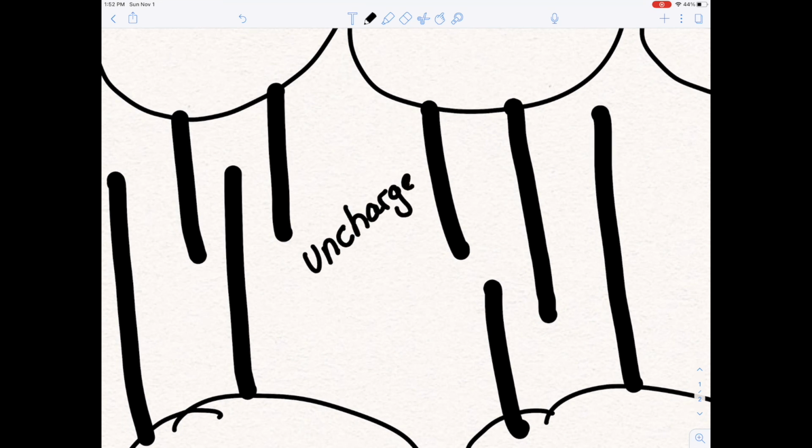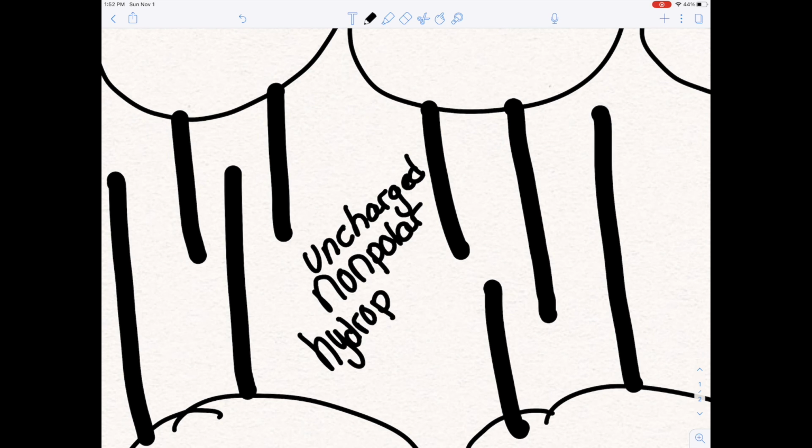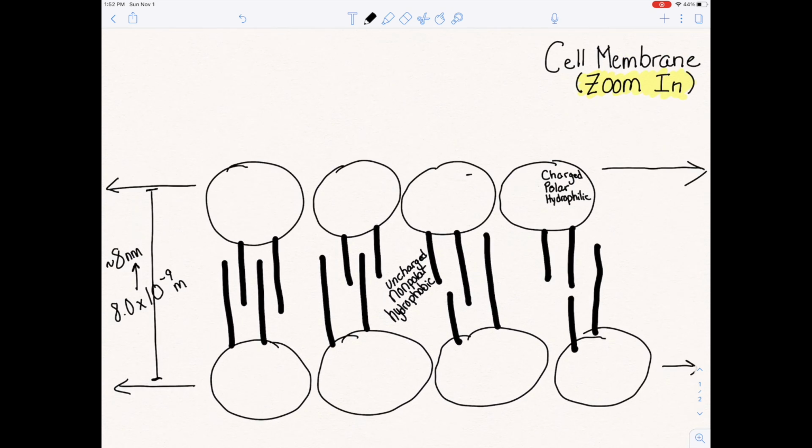Remember, because they only have carbon and hydrogen bonds. That also makes them nonpolar, because the electrons are being shared evenly. And they are hydrophobic, meaning that they fear water. They do not like to be near water. And I'm also going to write in that we have that -2 charge from the phosphate group here as well.